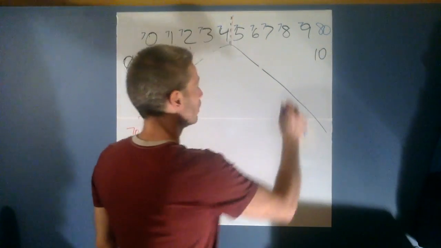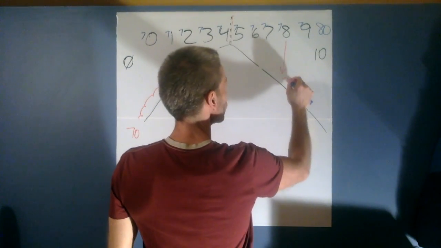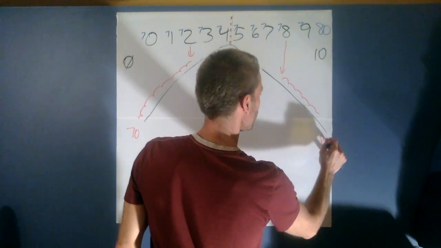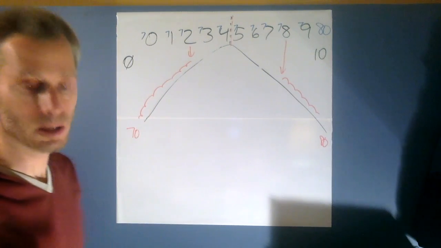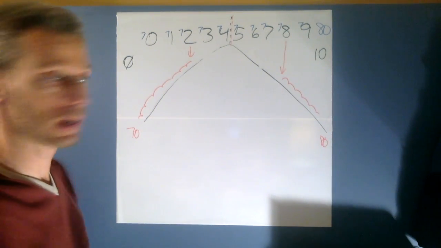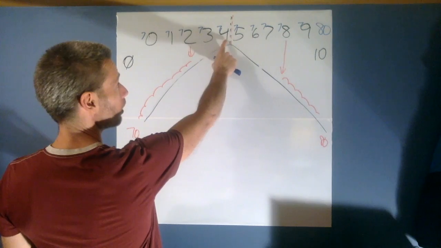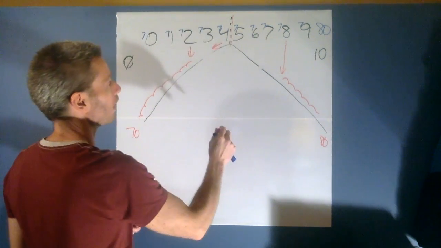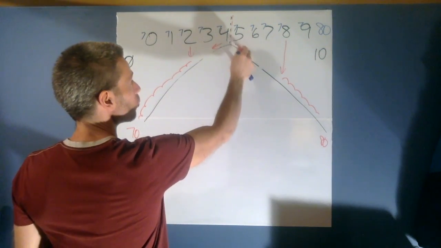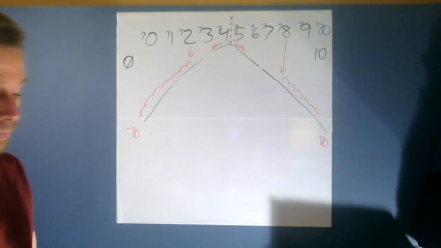If 78 is chosen, it's going to drop down, and it's going to roll up, because it is closer to 80 than it is to 70. All right? Now, again, 74, it hits the mountain, it's going to roll that way. 75 is going to roll that way.